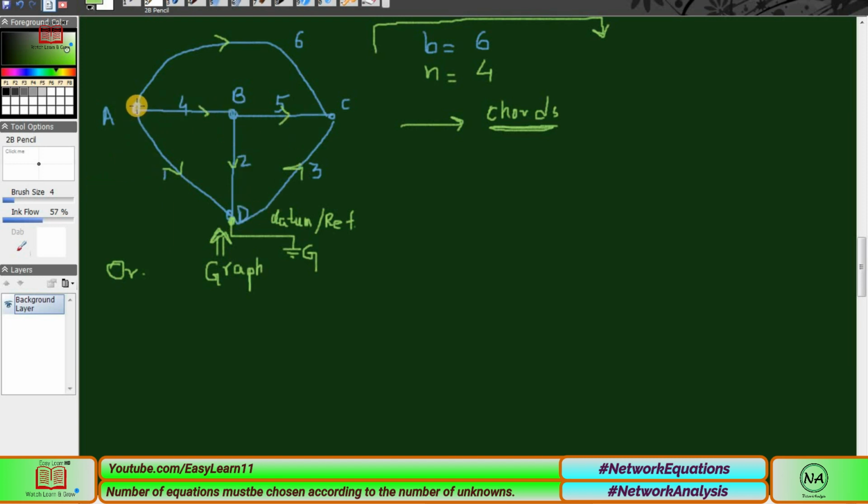You can see here, this is a closed path. If we start from this point, go around, and reach the same point again, that is what we call a closed path.